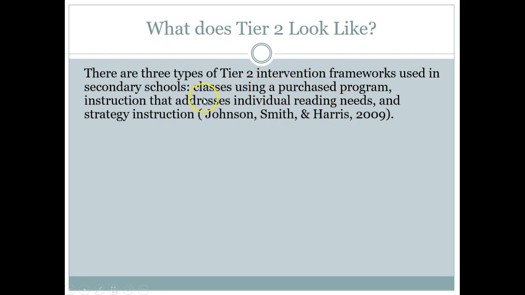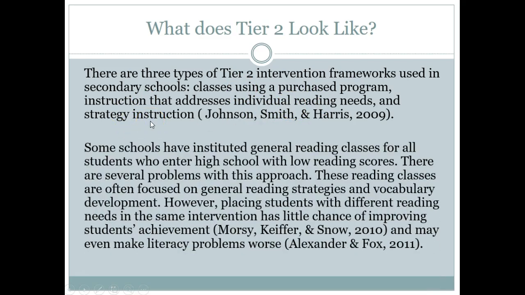Addressing individual reading needs is very difficult when you have how many students. You don't just have your self-contained class of 20 to 30 kids, but you have how many periods of how many different kids. That's just really difficult to manage. So the goal here is really going to be strategy instruction. That's going to be the biggest bang for your buck.